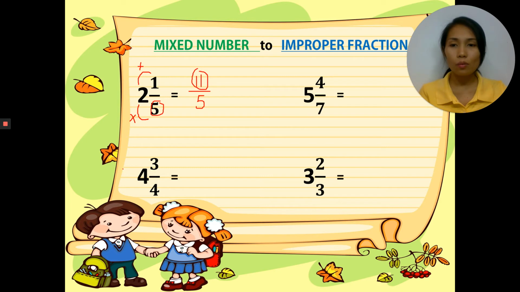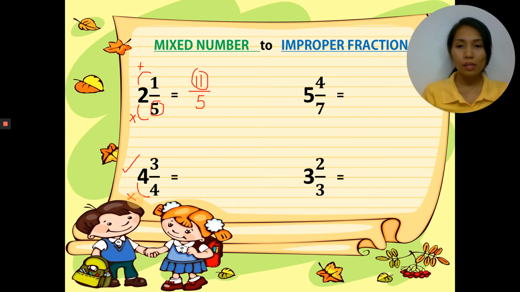Okay, let's try this one with this fraction. 4 times 4 equals 16. 16 plus 3 equals 19. Okay, copy the denominator 4. Right.